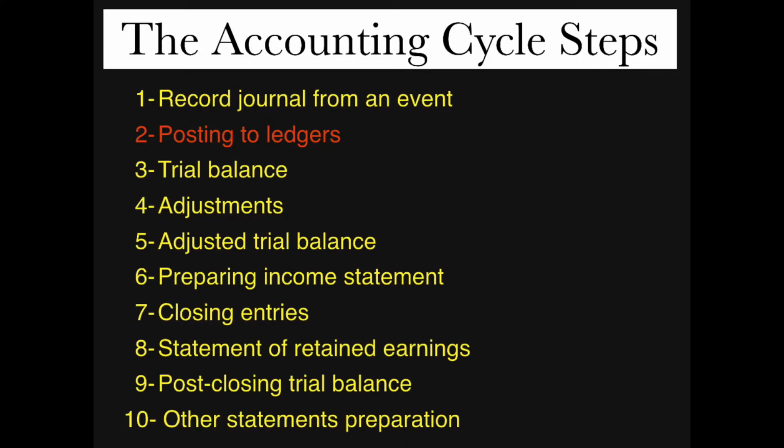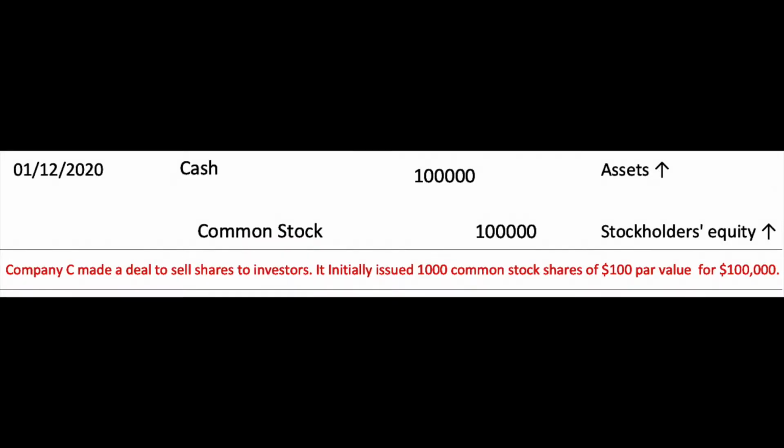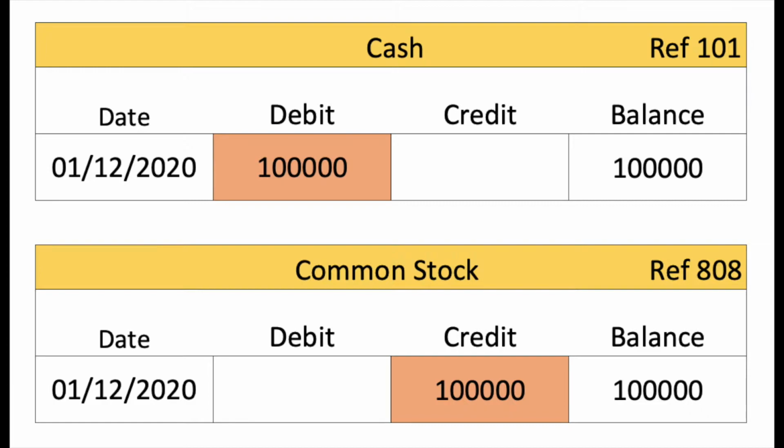Two. Posting to ledgers. The first transaction affects two ledger accounts, cash and common stock. Company posted $100,000 in account number 101 and $100,000 in account number 808.